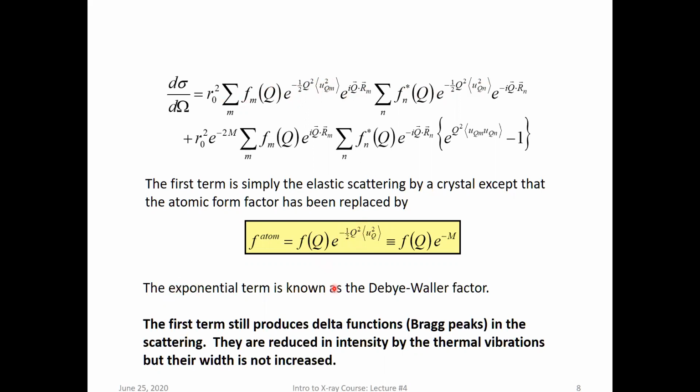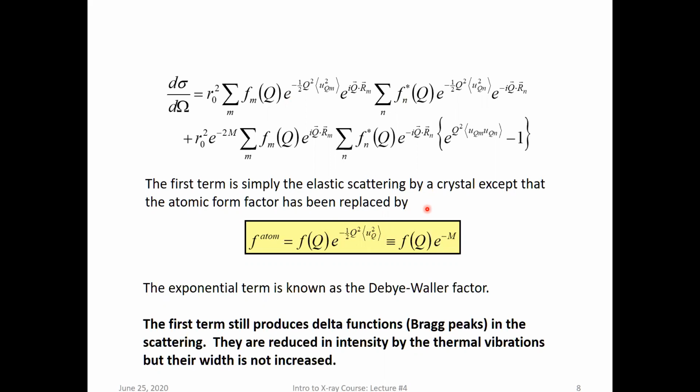This exponential term is known as the Debye-Waller factor, and in some parts of the literature, it shows up as e to the minus M. So if you're looking through the literature, that's what the M is, just this thing here. But the key idea here, and this is very hard for people to remember, is that all the Bragg peaks are still delta functions.